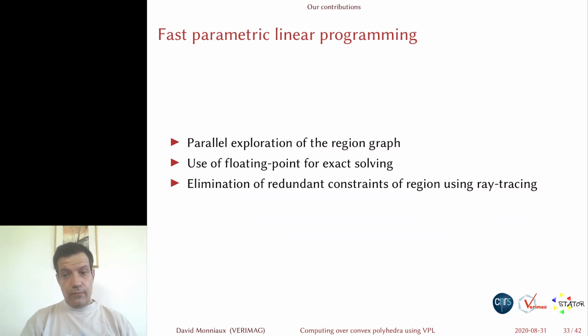So we had to do fast parametric linear programming. And the idea is that some of these computations that could be expensive if done in exact arithmetic, you can actually do them in floating point and still get an exact result. When you're doing linear programming, for instance, you could say, if I call a linear programming solver that is implemented in floating point, then you cannot trust the result if you are into checkable exact computations.